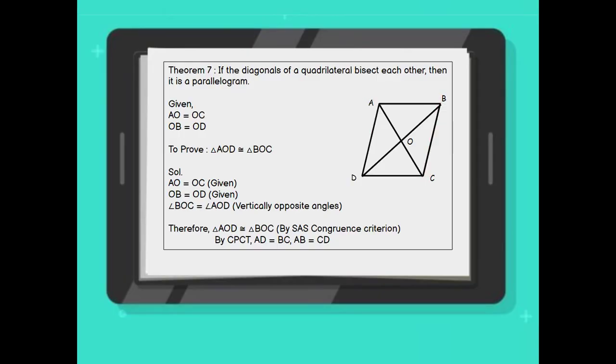So therefore, I have proved two pairs of alternate interior angles equal, and therefore I can say that AB is parallel to DC and BC is parallel to AD. Hence proved that AB is parallel and equal to DC and AD is parallel and equal to BC.